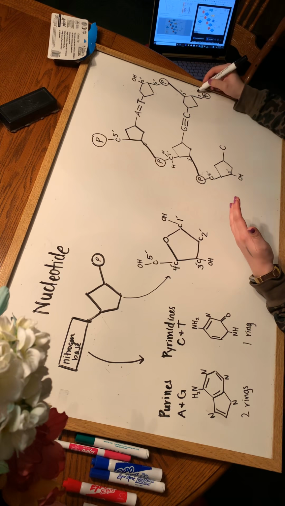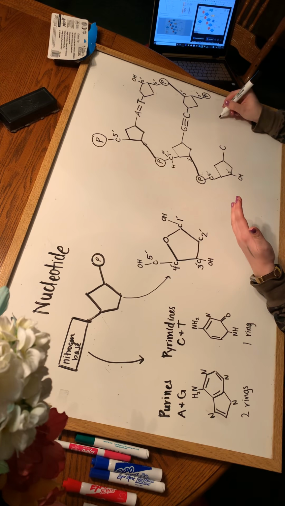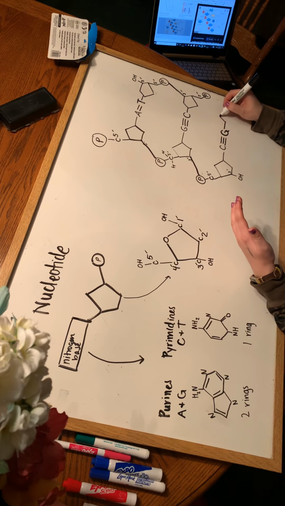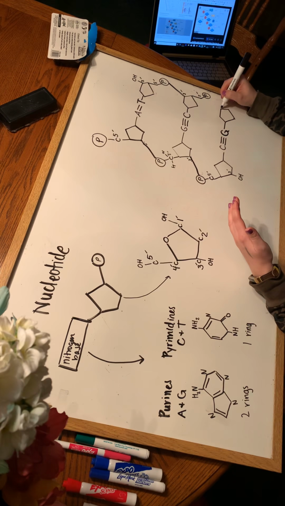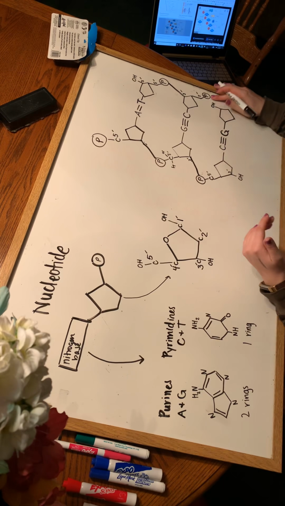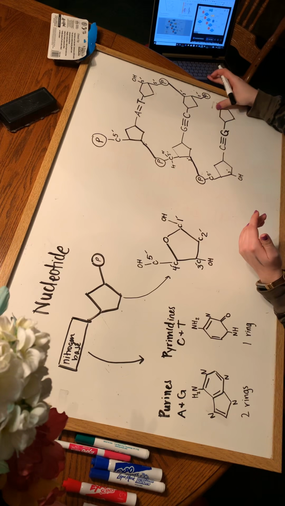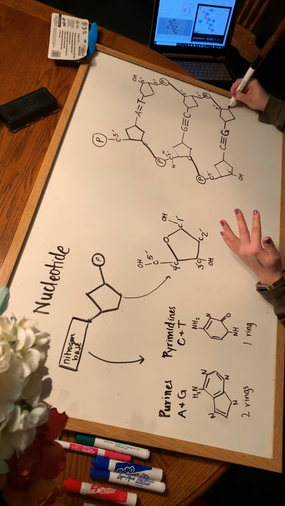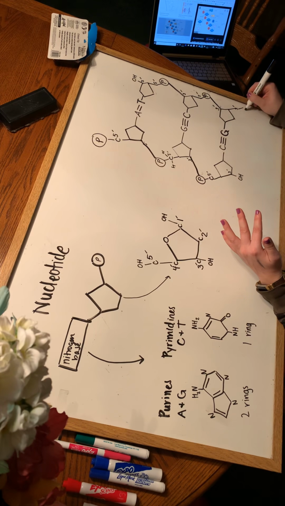Okay? And then one more. This would be a G. OH, but that gets taken away because that's a dehydration synthesis reaction. Phosphodiester bond, 3', 4', 5', and a phosphate.